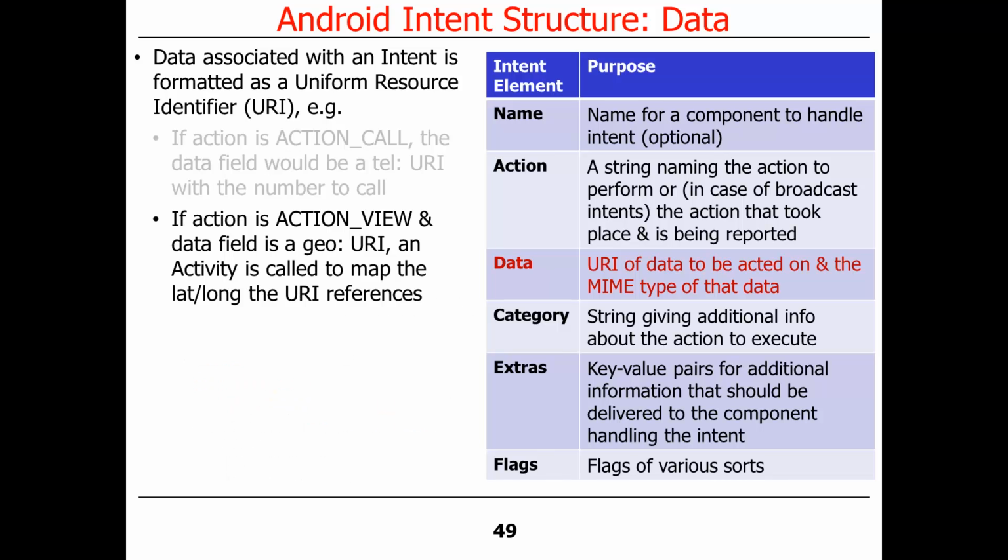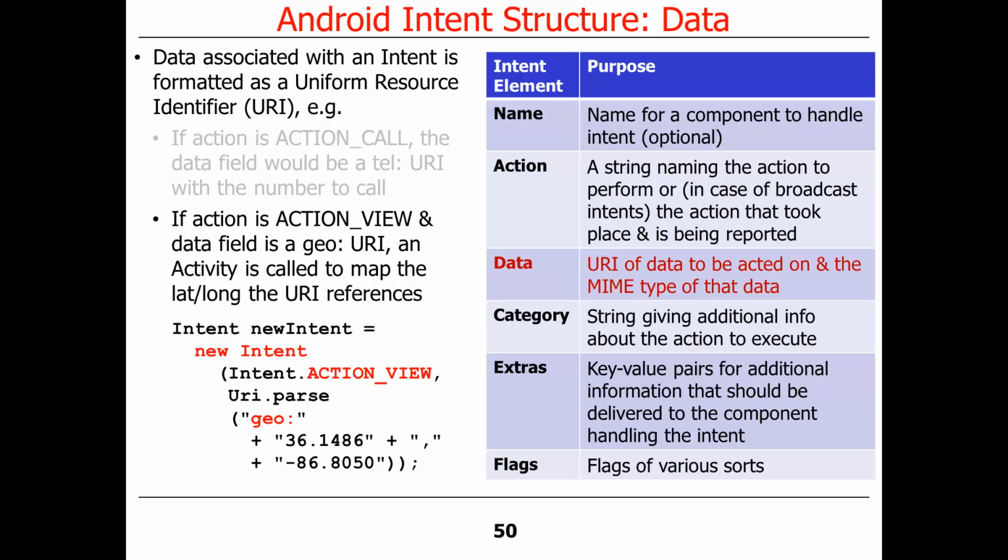Here's another example. We'll actually look at this one next time, given the rate at which we're going through this stuff. If you have action view and the data field is a geo tag, geo data, that's called the authority, then that will end up opening an app to view this on a map.